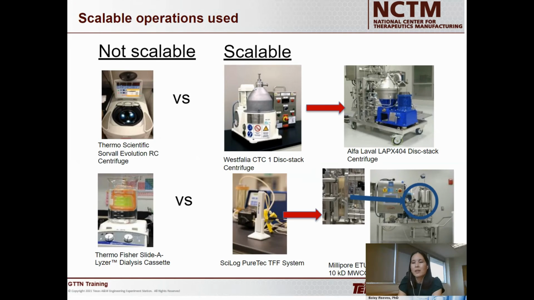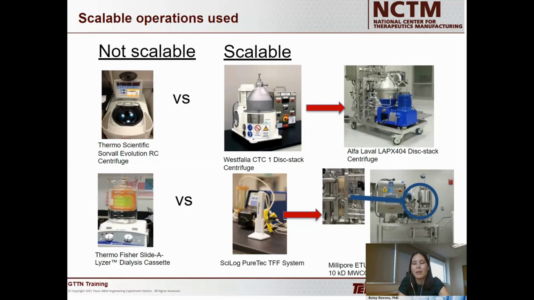So again, going back to our discussion about scalable versus non-scalable unit operations, we want to make sure, again, that all of the unit operations that we're choosing are scalable. So for example, bottle centrifuges are not scalable, but disc stack centrifuges, for example, that can afford us continuous flow, that is something that's scalable. Another example of this is doing buffer exchange.